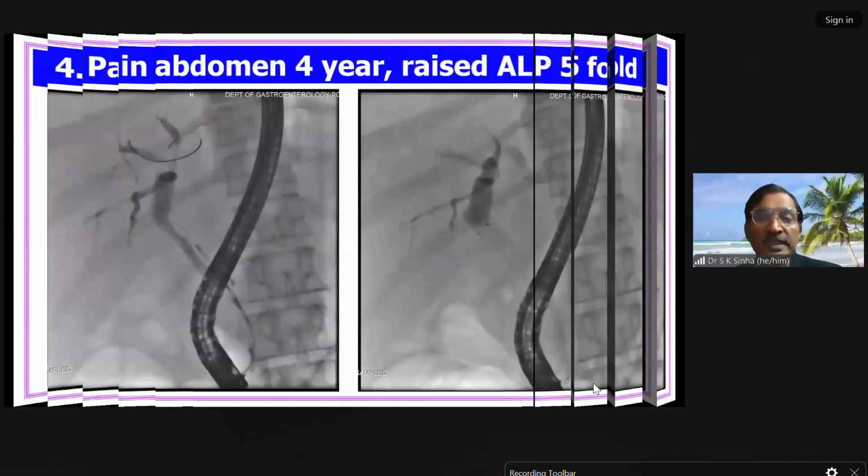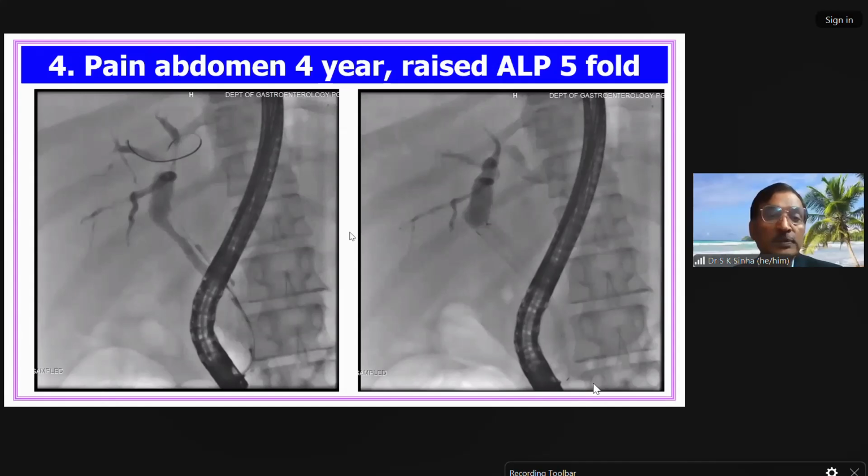Now you see this patient. This patient presented with pain abdomen for 4 years and has raised LFTs for 5 years. So this is a typical scenario where you will consider benign biliary stricture again. What you see in this patient is that this duct is a little dilated. How do you measure the diameter?